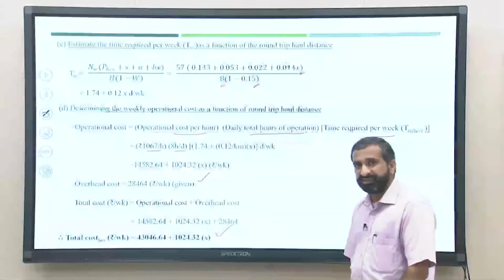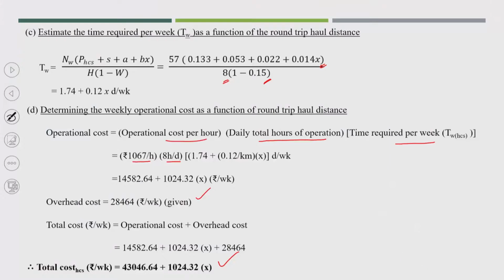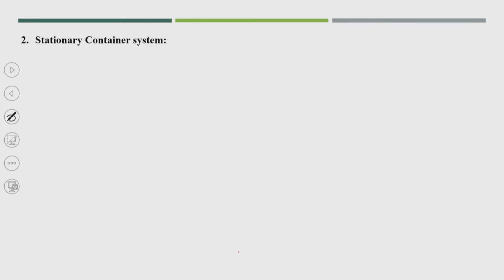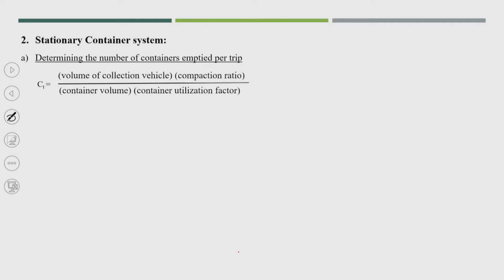Now, we will go for the stationary container system. In a similar way, we will first calculate the TW value, the total time required per week, which will also be a function of round trip haul distance, and after that we will calculate the operation cost and finally the total cost. For the stationary container system, first we determine the number of containers emptied per trip, that is the CT value.